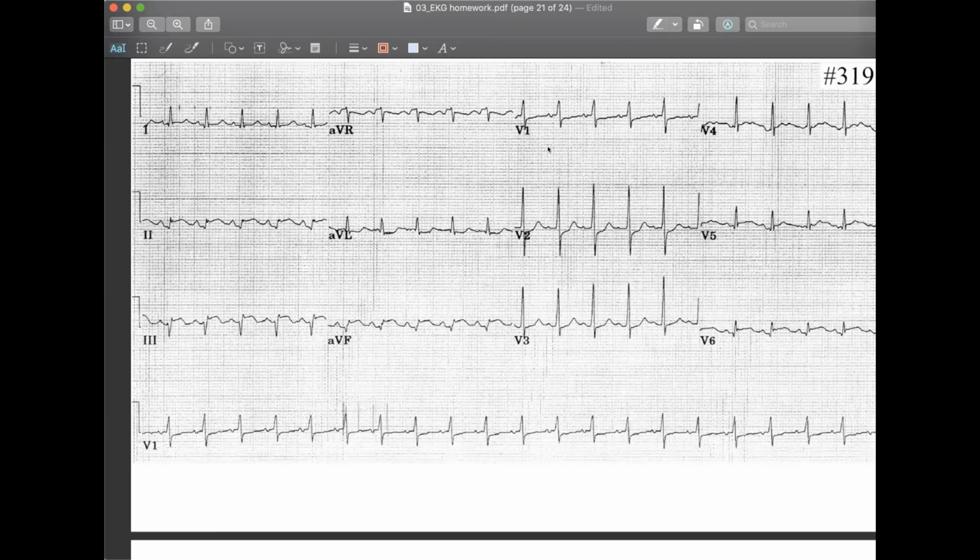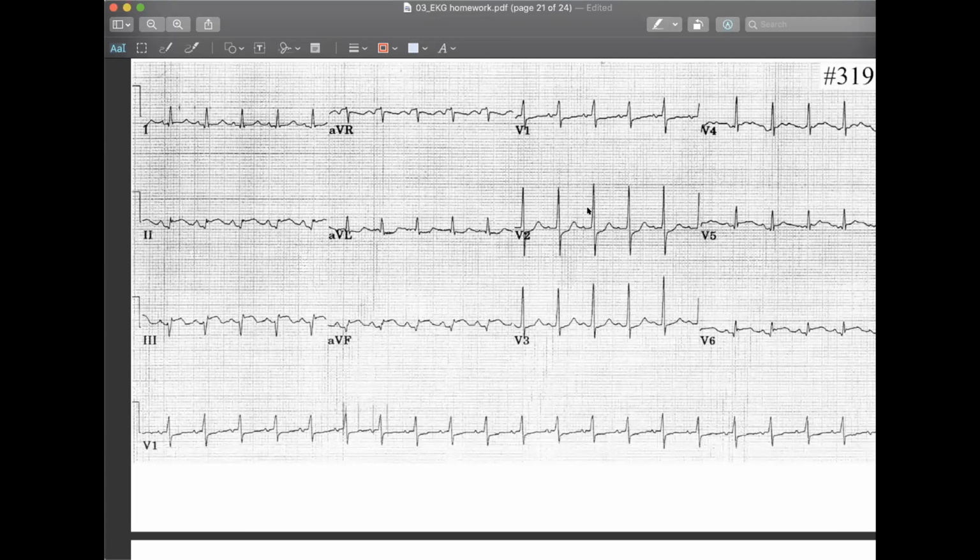So that could mean that on the back, we do have a pathological Q wave. And if the ST segment is more than 1 millimeter, so deep Q and ST, that can indicate a posterior as well. So we do have an inferior and posterior acute MI.